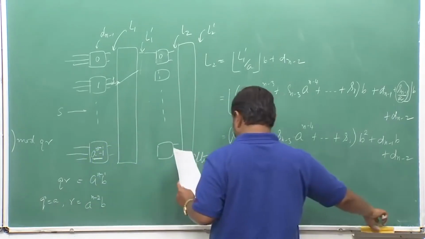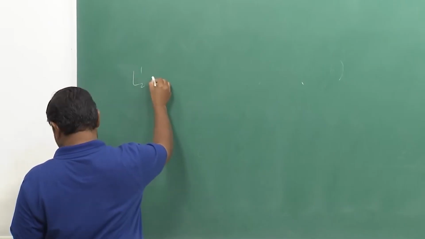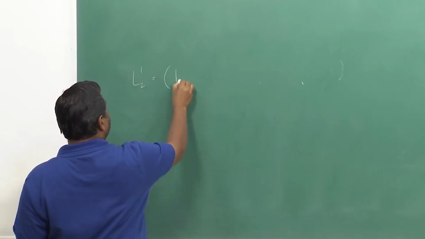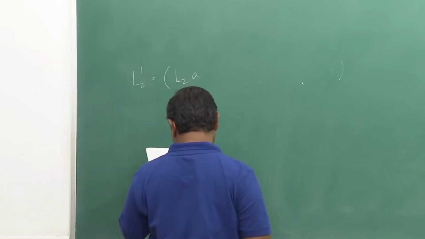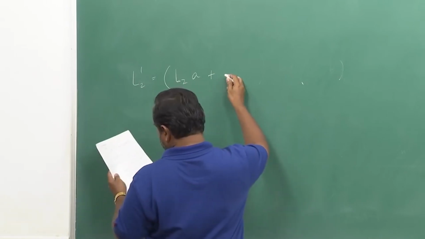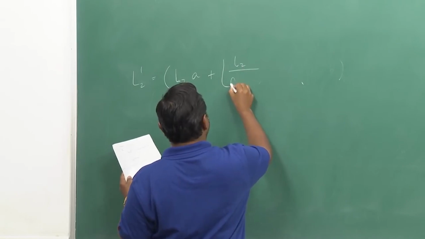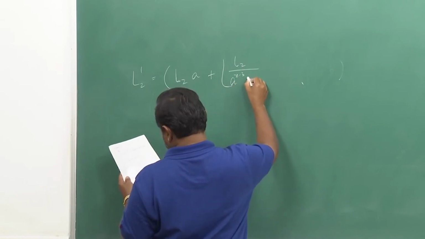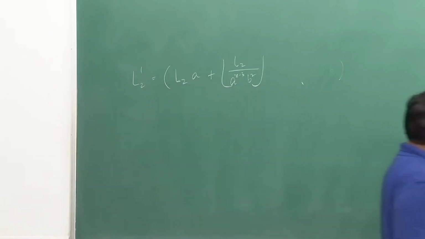Let me write it here, L2 into A. So, I am just using the q star r formula.